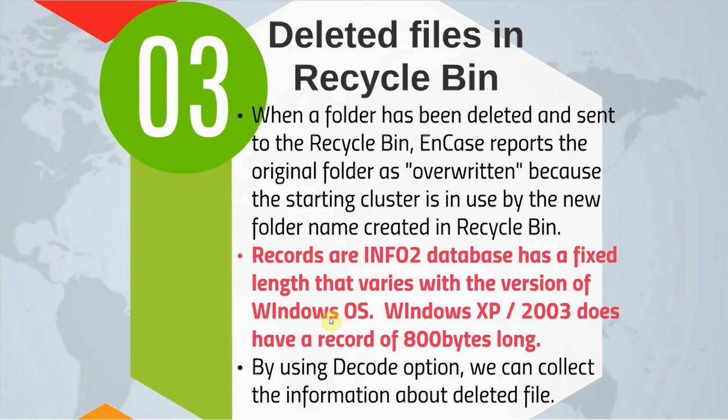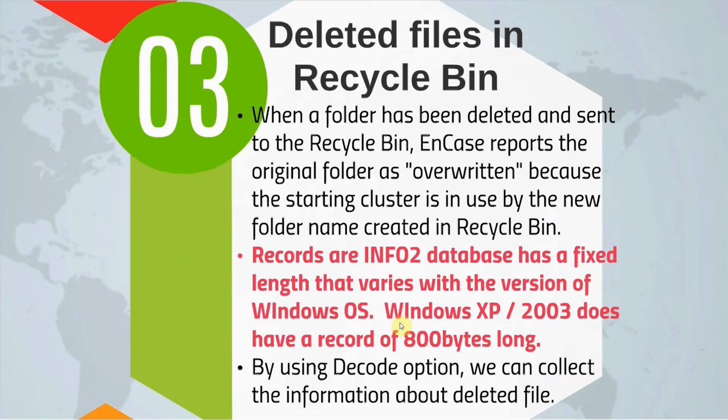After you send the file to the recycle bin, an entry is created in the Info2 database for that particular file. How long will each entry of the Info2 database be? It depends on what type of operating system you are using.